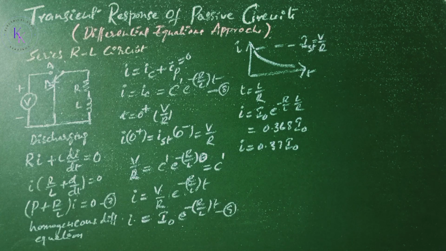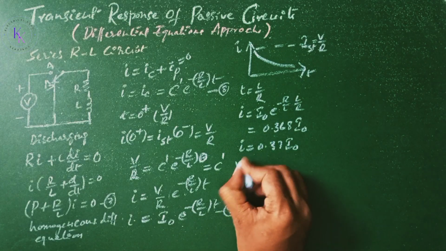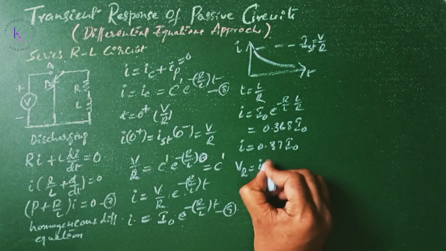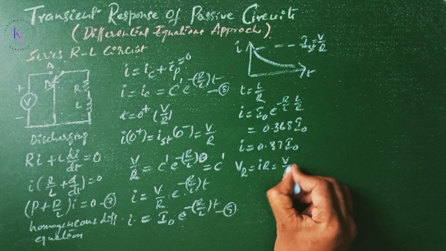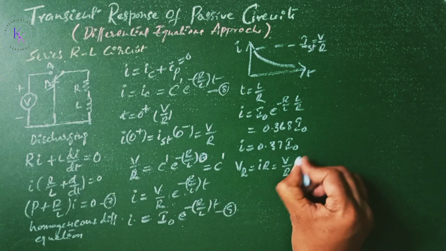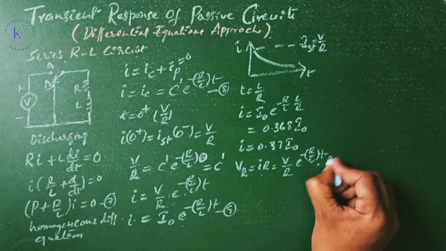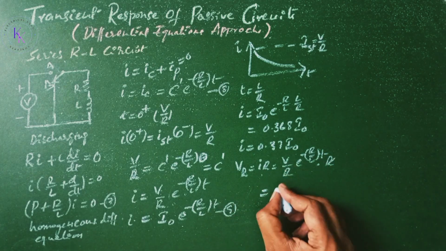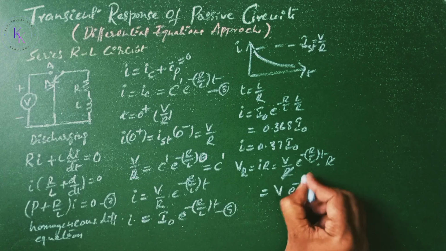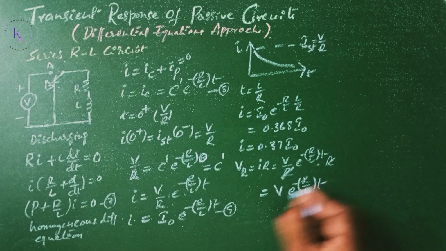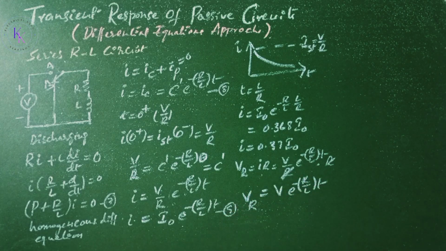Now the corresponding voltages across the resistance and inductance are given by V_R equals iR, that equals V/R e to the power of minus R/L t multiplied by the resistance R, which gets cancelled. You get V e to the power of minus R/L t, which is the voltage across the resistor.